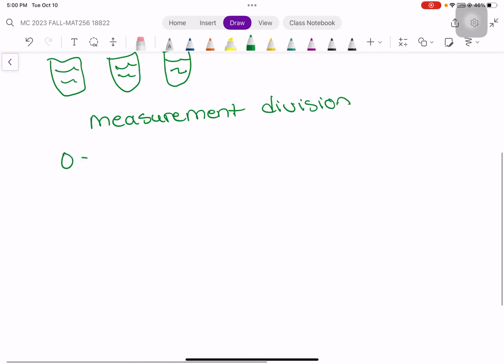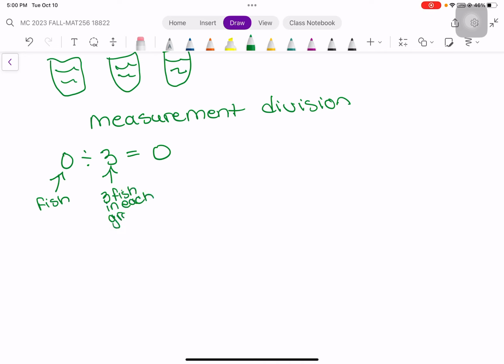So 0 divided by 3 equals 0. This time we have 0 fish, but this time we're trying to put 3 fish in each group. So we want to know how many groups.